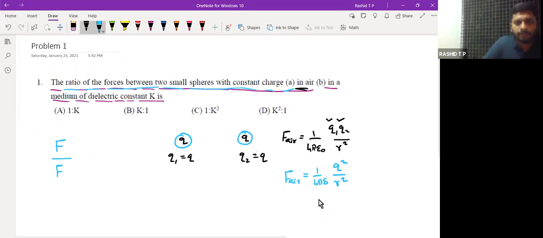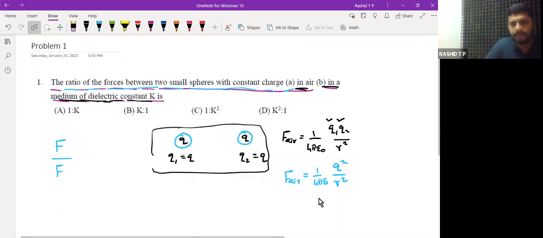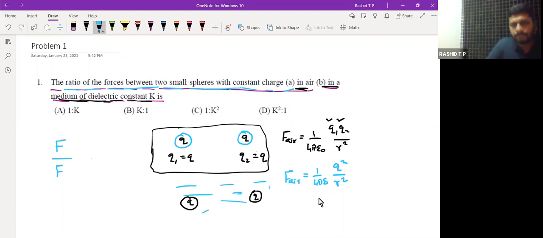Now, in a medium of dielectric constant, if you keep the same charge system in a medium, that is Q, here also you have Q, in a medium whose dielectric constant is K, then I can write the expression for the force.